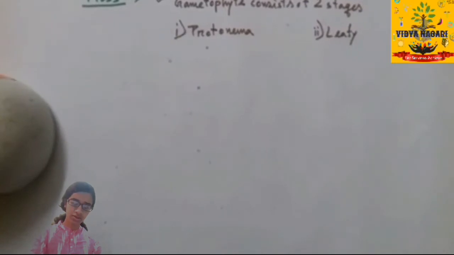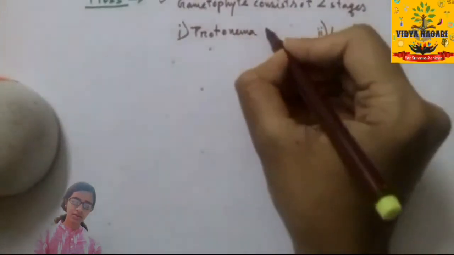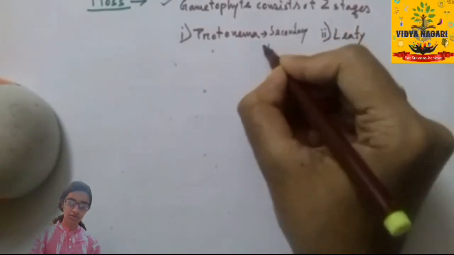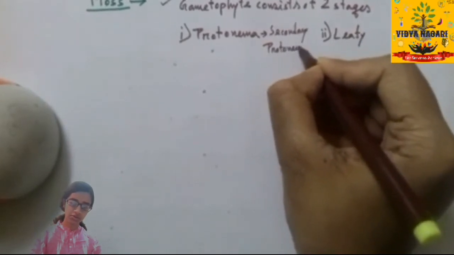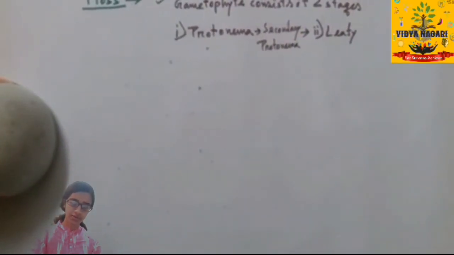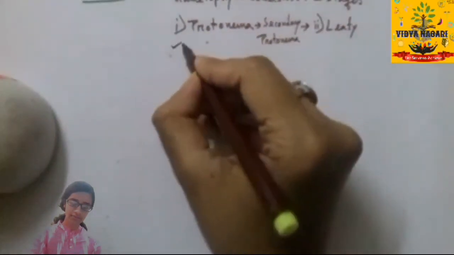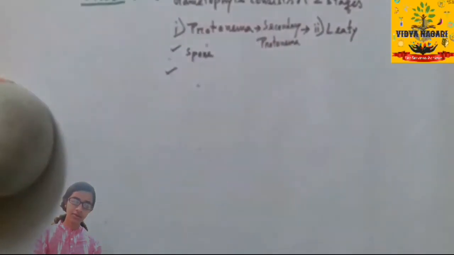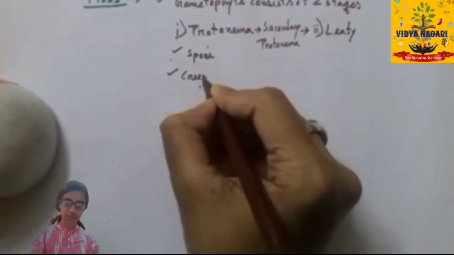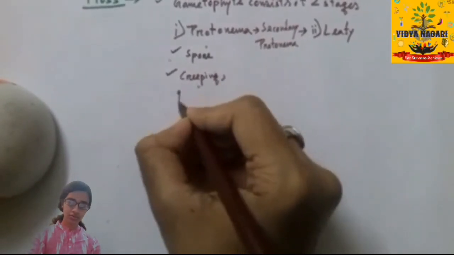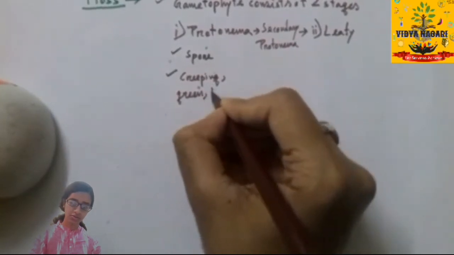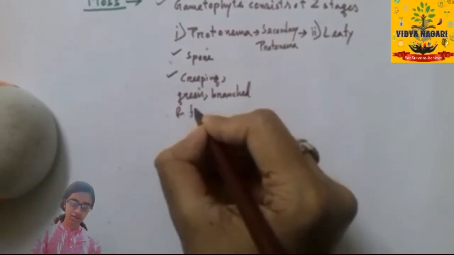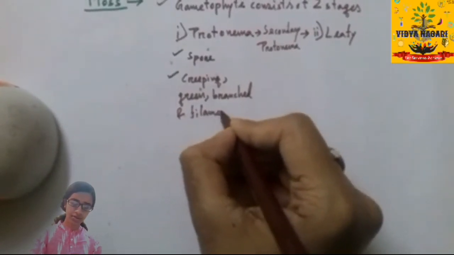In between the protonema stage and leafy stage there is a secondary protonema stage. The protonema stage develops from a spore, and it is a creeping, green, branched and frequently filamentous stage.